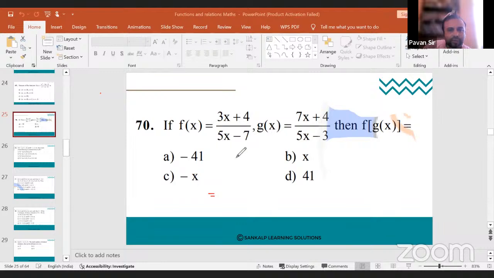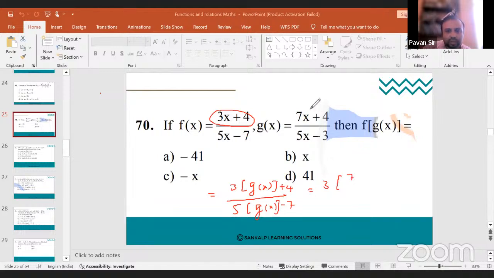F of g of x. So 3 into g of x plus 4, you keep it outside, correct? In this equation, then 5 into g of x, because we want g of x in place of x, minus 7. Try to solve this. That is 3 into g of x.